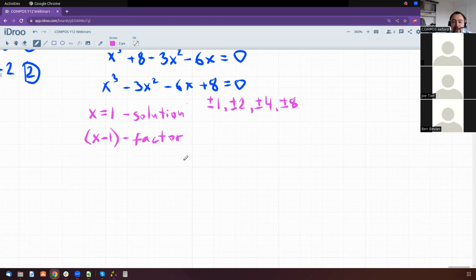Is there anyone here who has no idea what I'm talking about? Have you done the factor theorem? Do you all understand what I'm doing? I'm saying that x equals 1 is a solution, so x minus 1 is a factor.